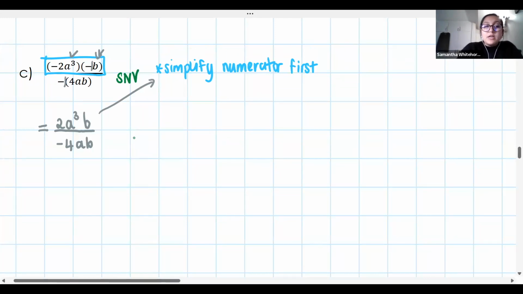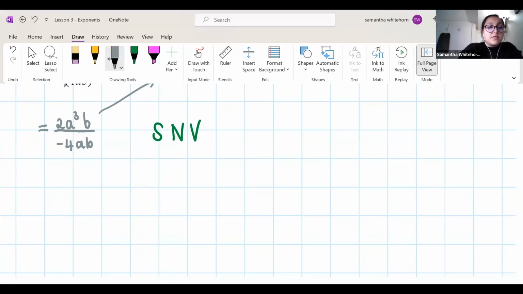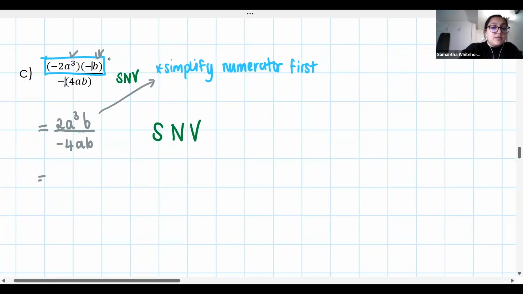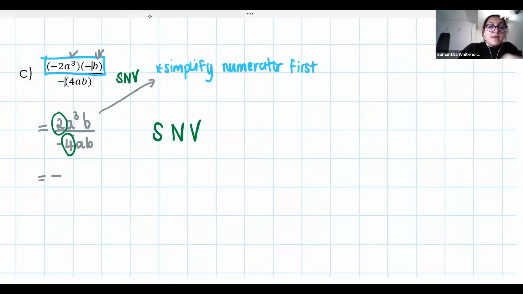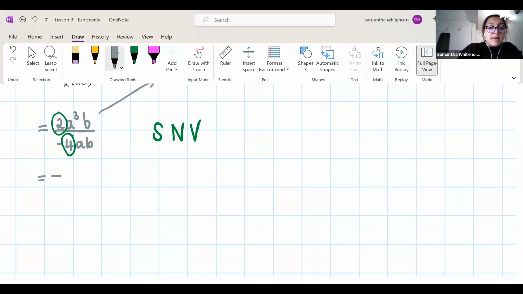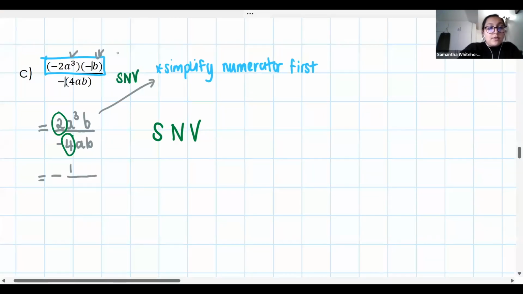Now that I've got a much simpler fraction I can work with, I am again going to use SNV. Signs, a positive divided by a negative is a negative, so I know my answer is going to be negative. Numbers, we've just dealt with one like this. We've got 2 divided by 4. The bigger number is in my denominator, so that means I've got 1 over 2.